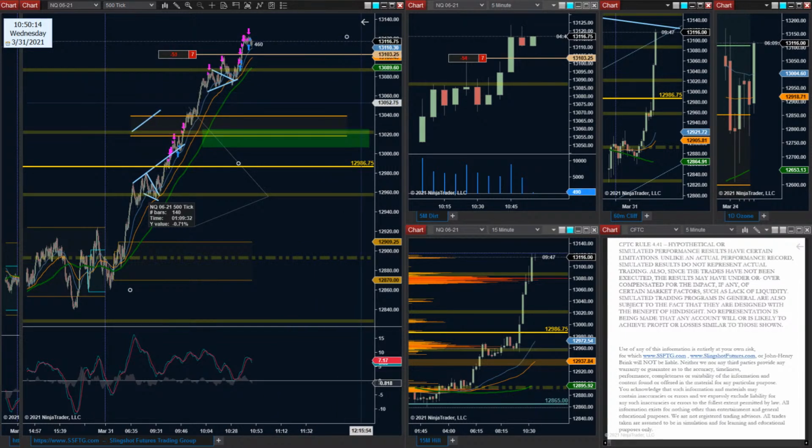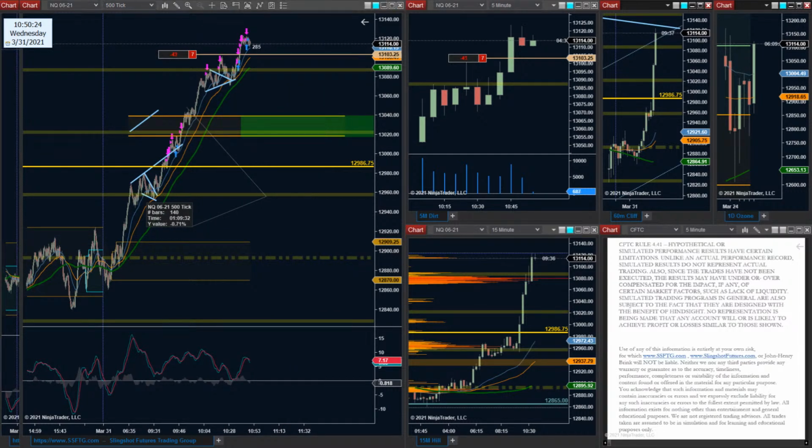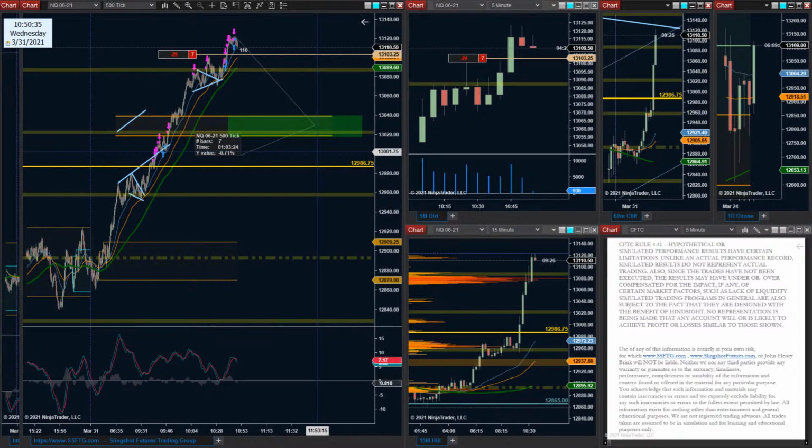The L2 pullback now would be back in the 13,040s. And the value pullback. Oh, okay. Ooh, okay. Now we're starting to line some things up here. Yeah, now we've got some interest, right?